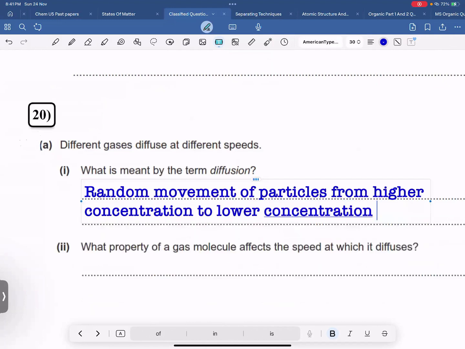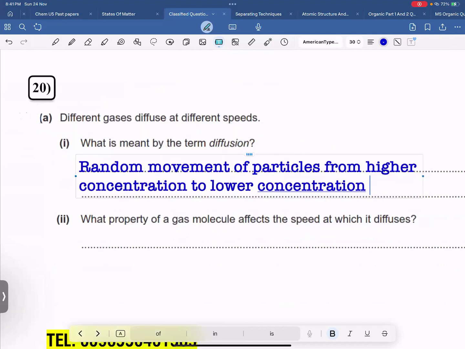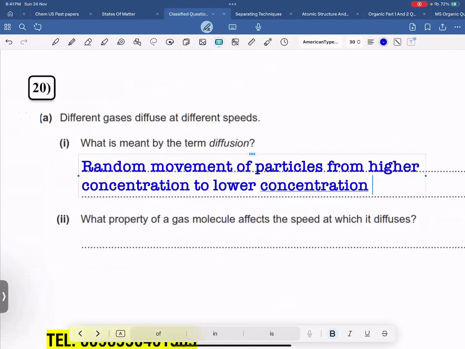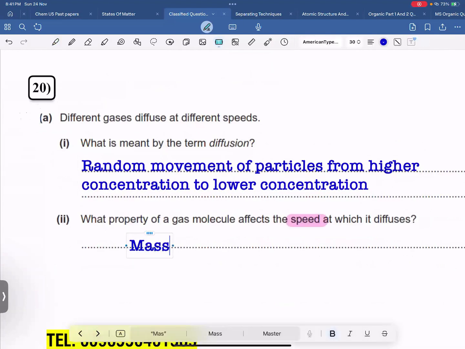Okay. What property of gas molecule affects the speed of diffusion? Property in gas, which is mass or Mr, molecular mass.